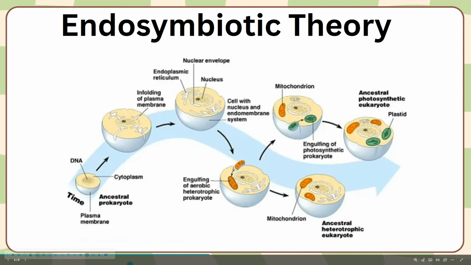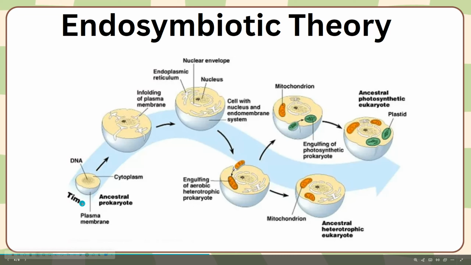Which then we need to talk about how we get to our more complex eukaryotic cells. And your chapter gives you endosymbiotic theory, which says that over time, modifications to prokaryotic cells have given us our eukaryotic cells. So, what does that look like?